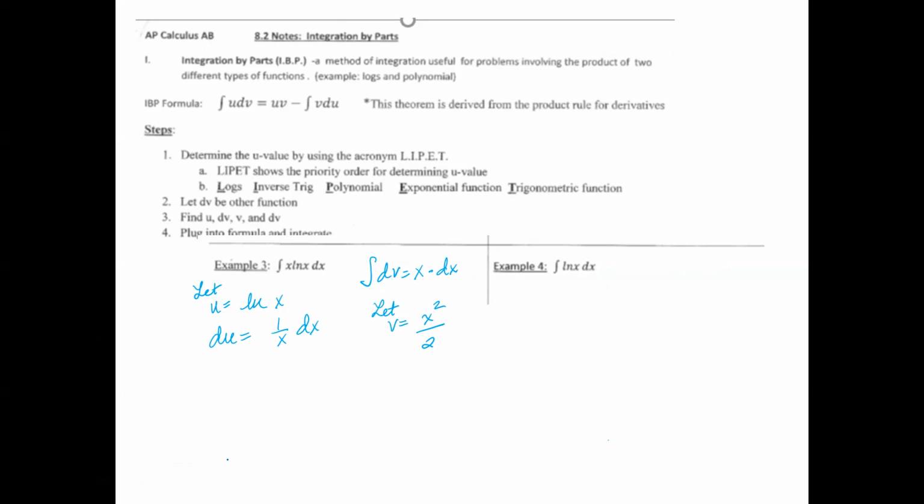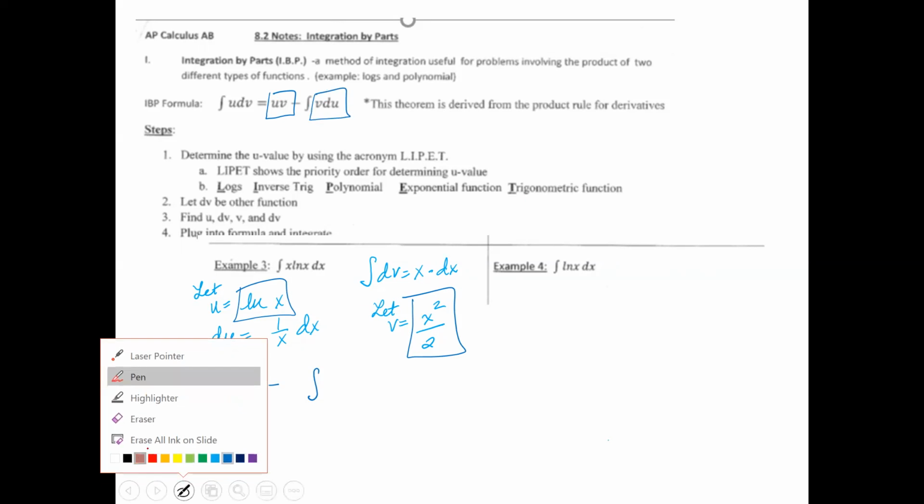So then let's go ahead and plug this in. So your first part is u times v. So u times v is going to be ln x times x squared over 2, minus the integral of v times du.